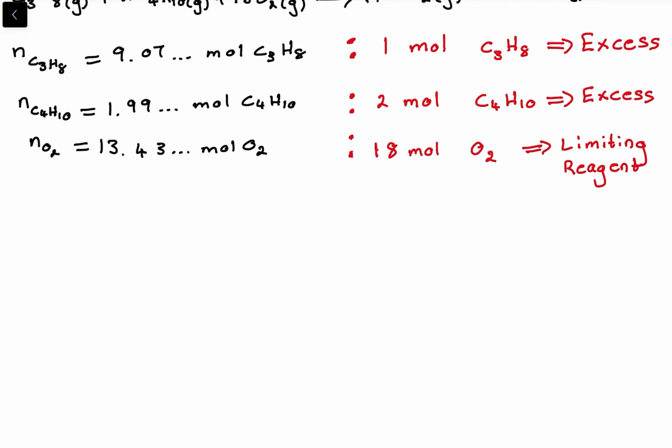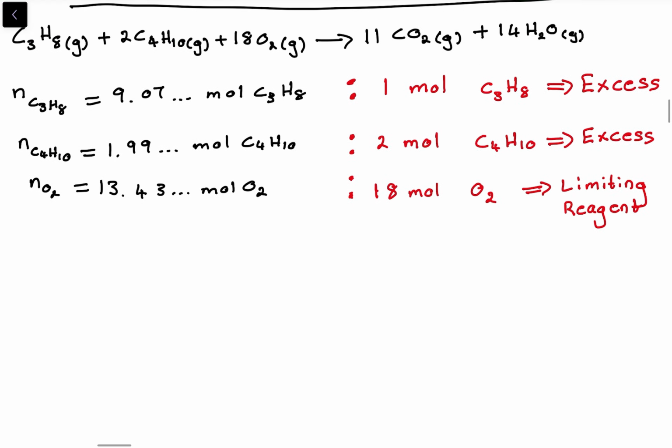That would be the easiest. I use the eyeball method here because we have 3 reagents, so it's easier to quickly determine. You technically have to do 2 calculations, but once you know which one is the smallest, you can do 1 calculation and then argue it backwards.